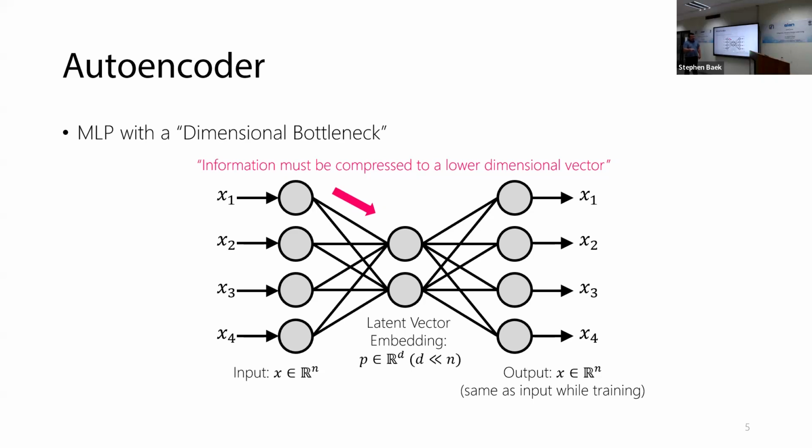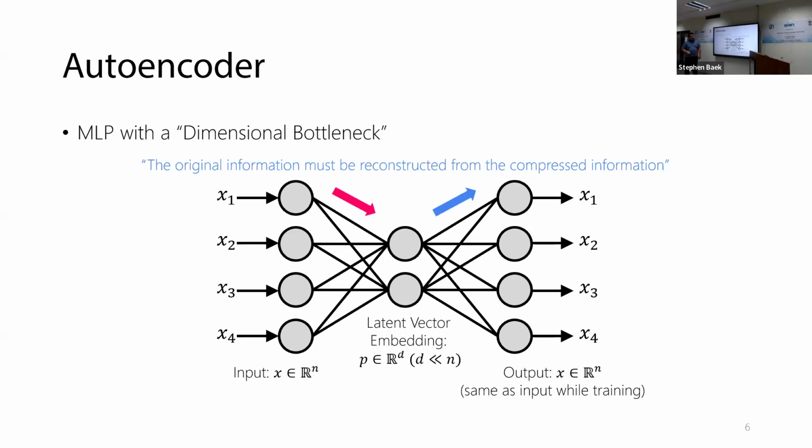But in the middle, we have only D neurons, where D is significantly smaller than N. And the neural network is forced to learn to compress this original n-dimensional input into some d-dimensional encoding, so that from that d-dimensional encoding, you can reconstruct the original information.